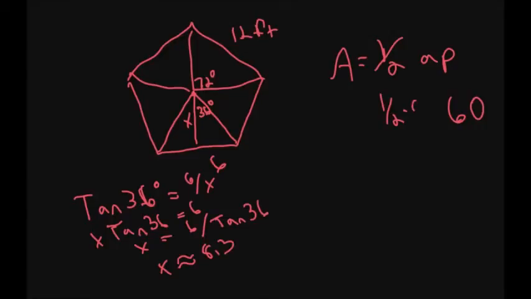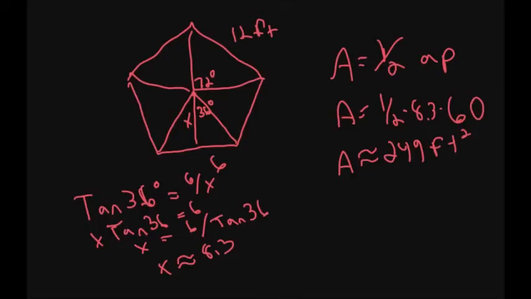So that would be 1/2, 8 3/10 times 60. Half of 60 is 30, so it's just 30 times 8 3/10. And that would be about 249. And I did feet there, so that'd be feet squared.